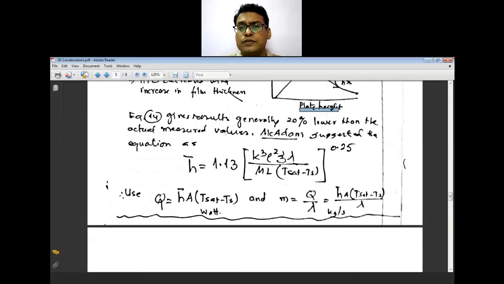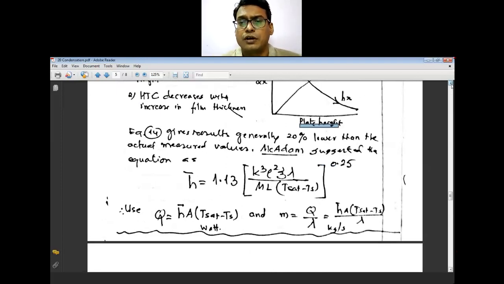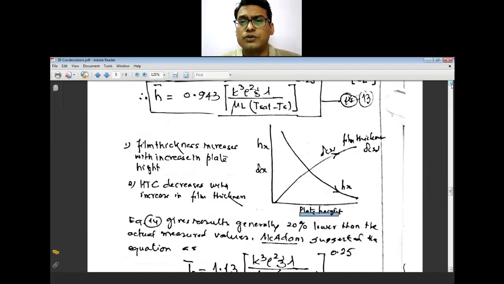Now the above equation gives a result lower than the actually obtained, so there is a 20% increase. So this is multiplied by 1.2 and you will get 1.13.